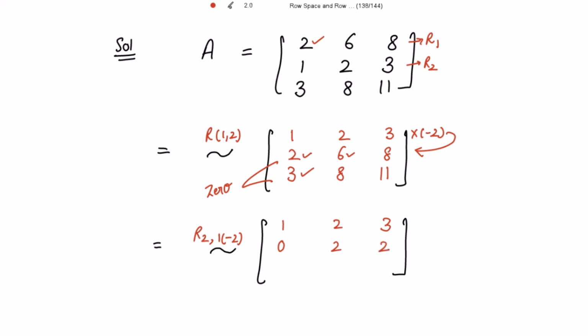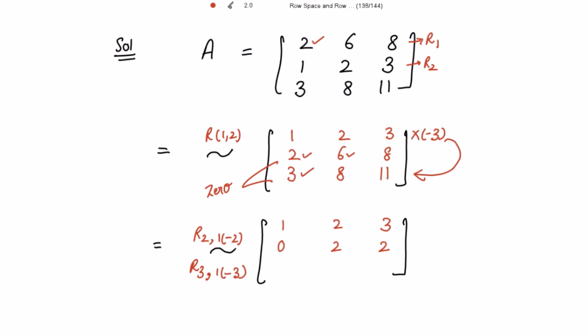Again, we need to apply another operation. For 3 to make 0, we multiply the row 1 with negative 3 and add the result to the elements of row 3.